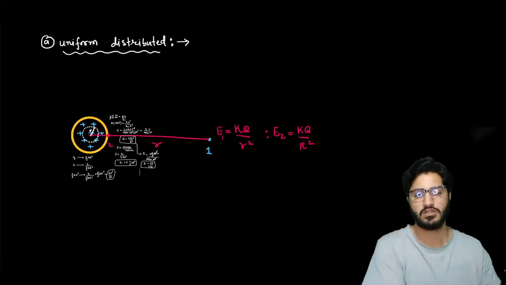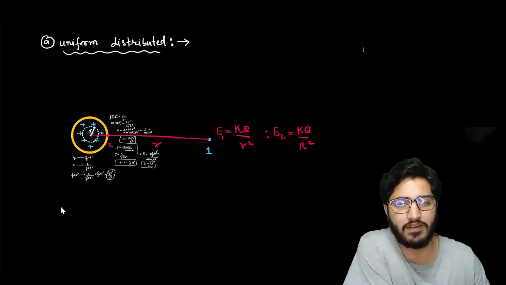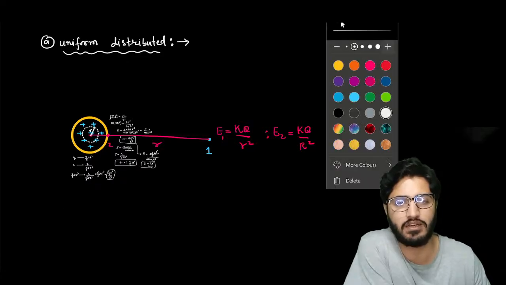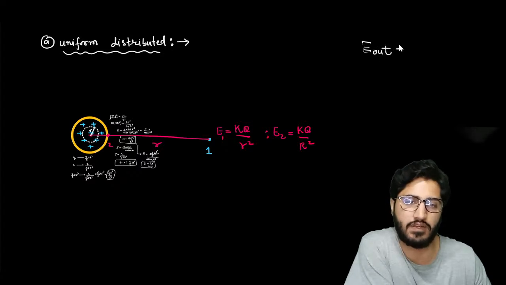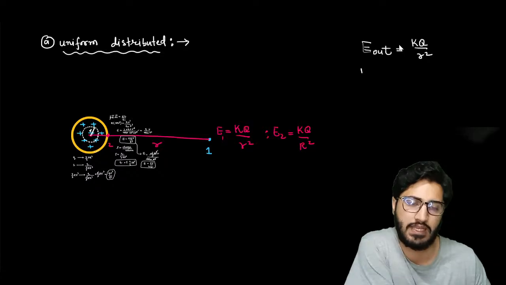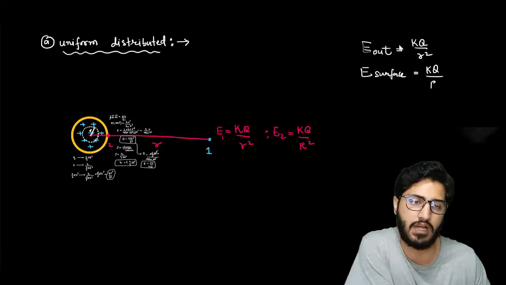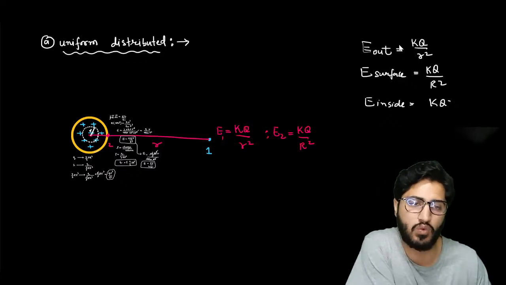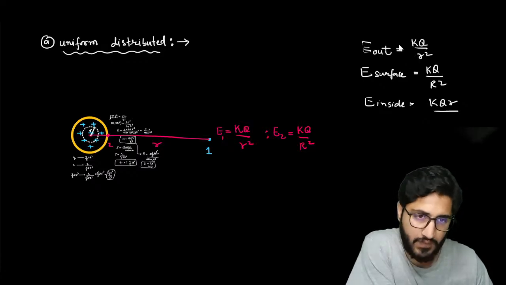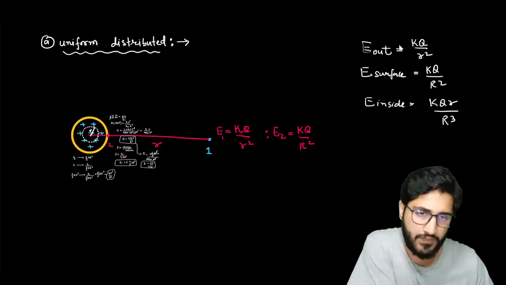Okay, so I will write here now. Electric field outside is equal to KQ by r square. Electric field at the surface is equal to KQ divided by capital R square. Electric field inside is equal to KQr divided by R cube.